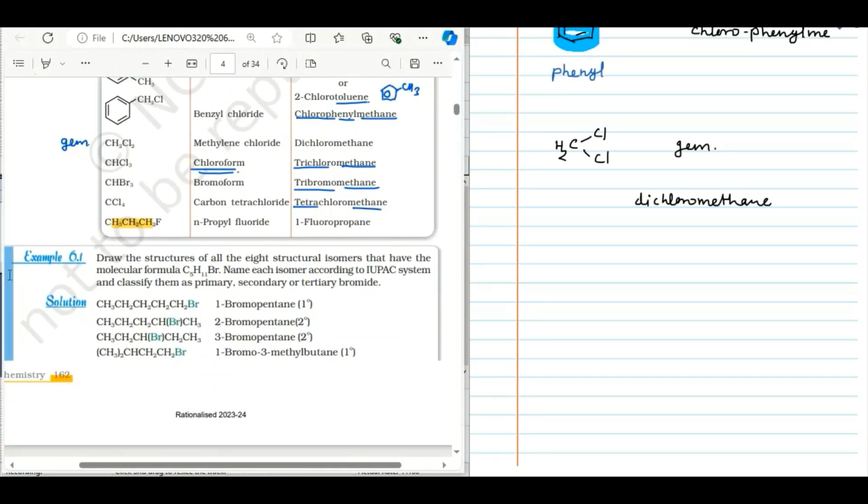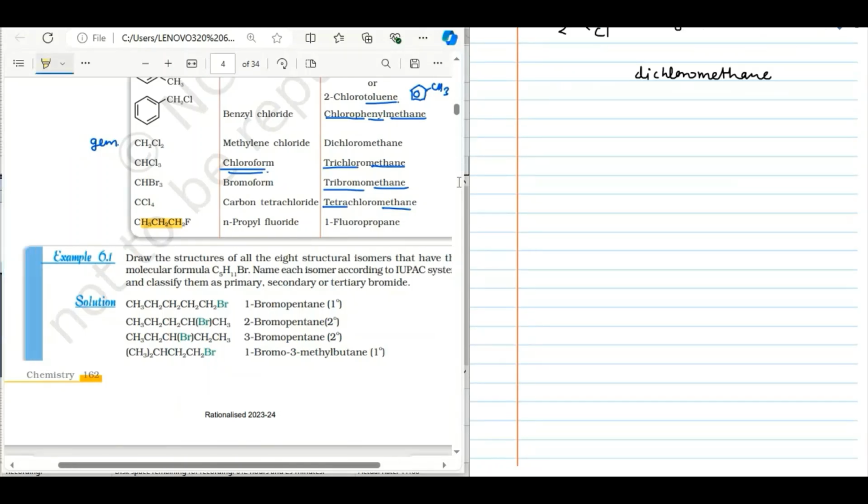Now let's solve it. Draw the structure of all the 8 structural isomers that have the molecular formula C5H11Br. Name each isomer according to the IUPAC system and classify them as primary, secondary or tertiary bromides. Now let's try to draw the structural isomers of C5H11Br.